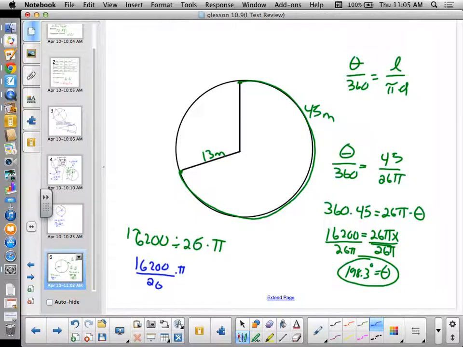That's why it's important when you're setting this up in your calculator that you put the parentheses around the product. Your calculator has parentheses, use them. Or you could calculate the 26 pi first. 26 pi is 81.68. And you could have taken 16,200 divided by 81.68. All right? But be careful with that. Next question, yes.